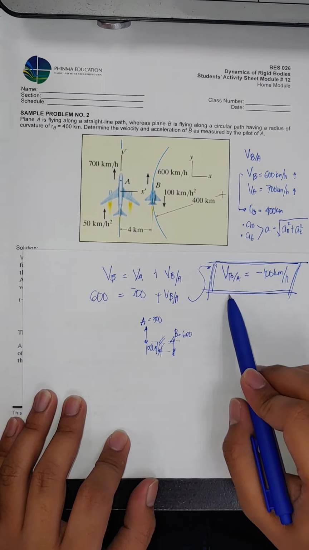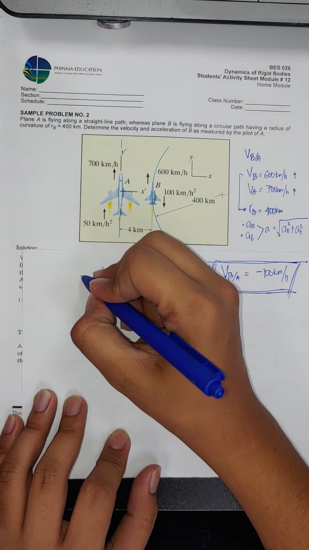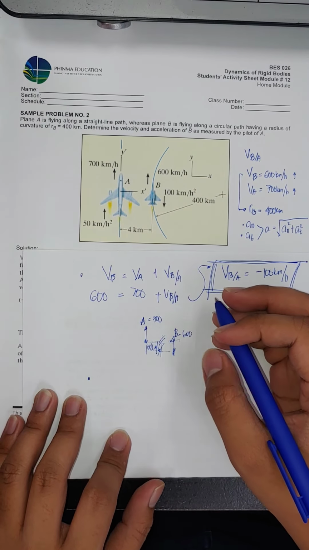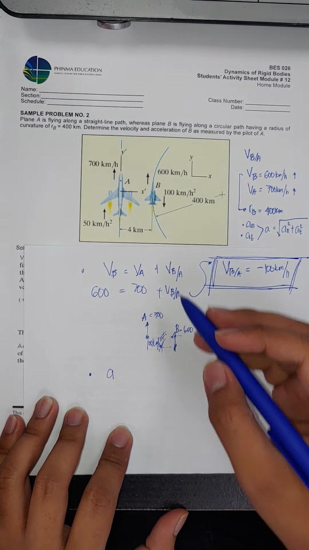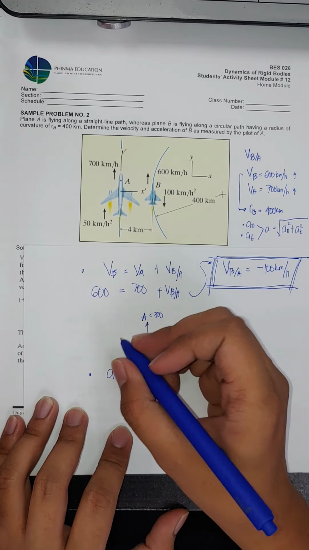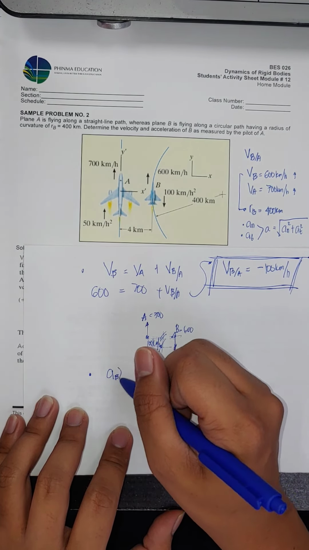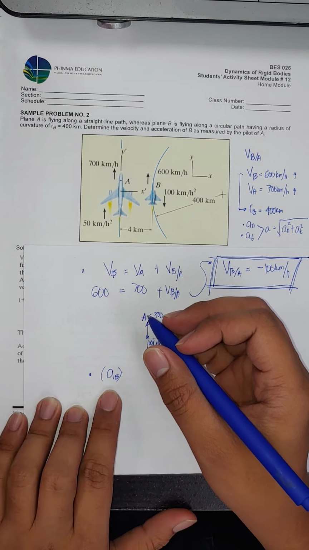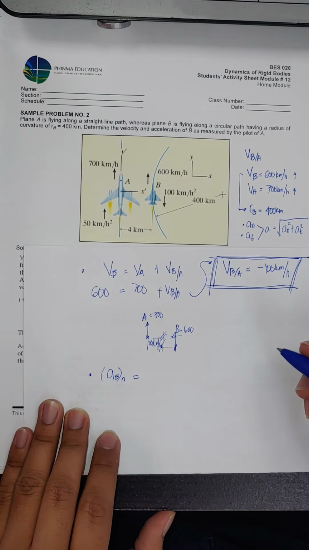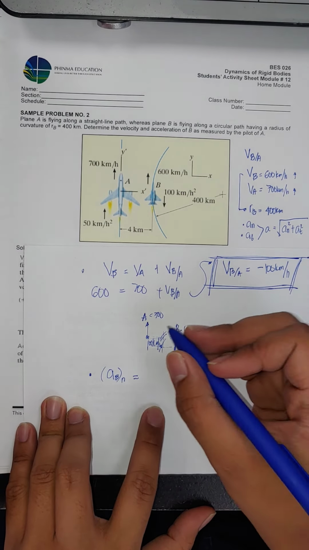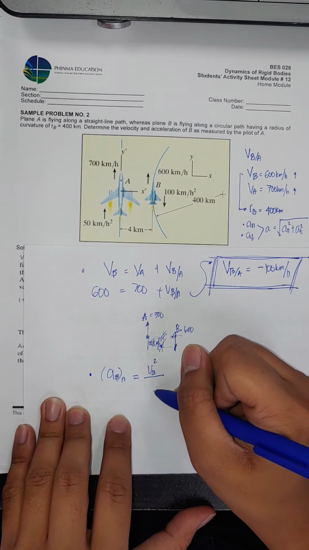Now, after the velocity, we were asked about the acceleration. Again, if the particle moves along a circular path, we have the normal and the tangential. So this is the normal acceleration for plane B, which we just write as a sub B, to indicate that this is the normal acceleration of plane B. If you remember, the normal acceleration is just equal to the velocity of B squared over rho.